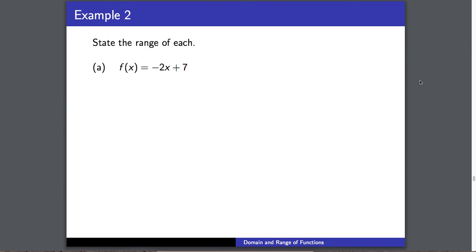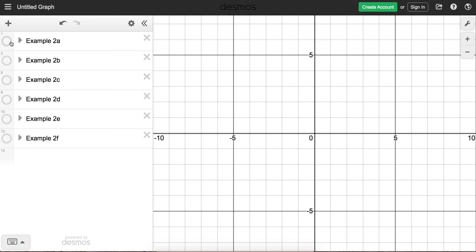So example 2, we're going to state the range of each. So we're using a lot of the same functions from example 1, but we're also going to change up a couple here. So example 2, part A, we have f of x equals negative 2x plus 7. So we said the domain was all real numbers.